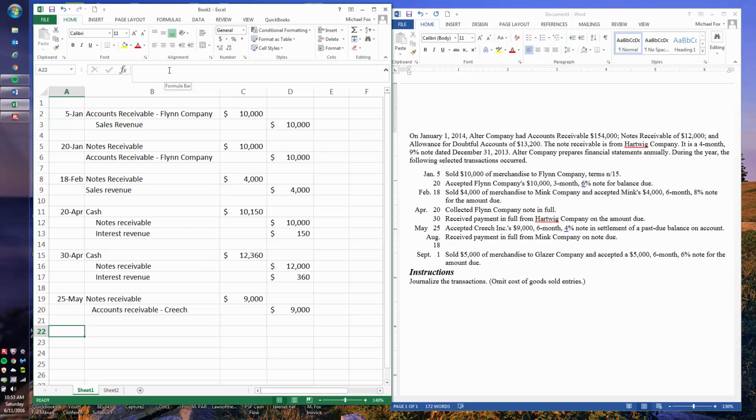On August 18th, we received payment in full from the Mink Company on a note due. And so the Mink Company owed us $4,000 from February 18th.